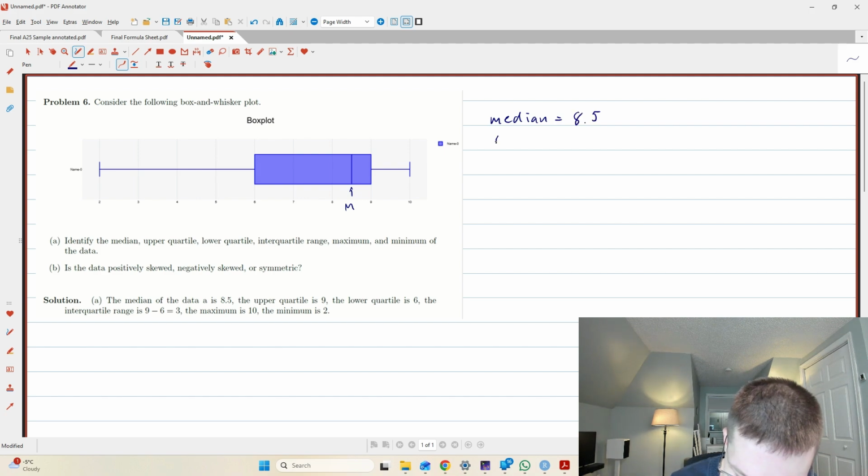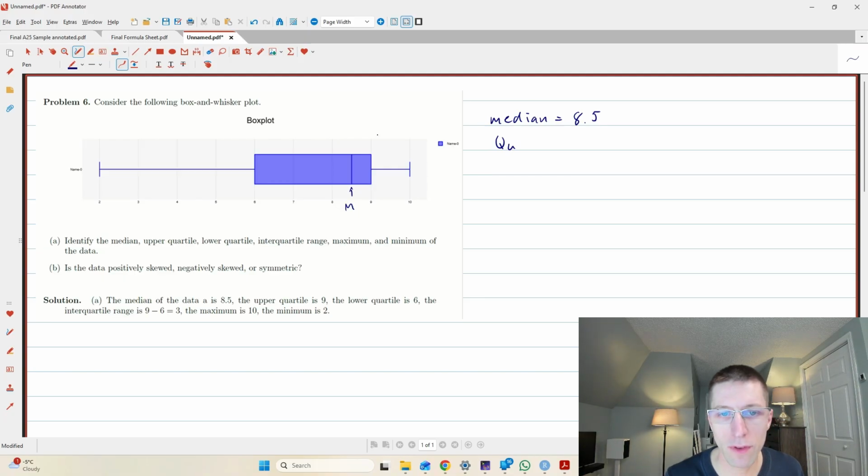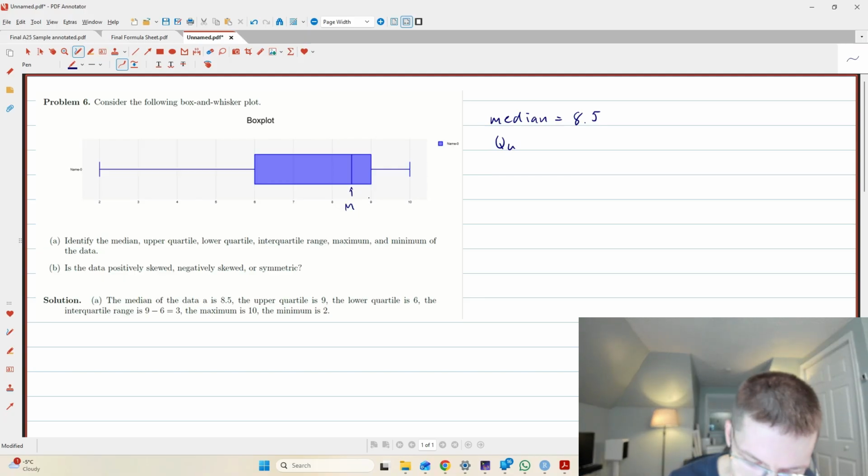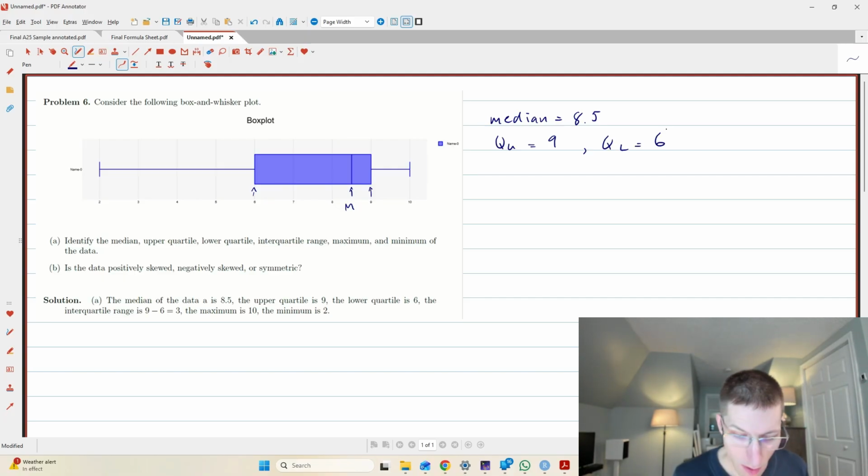The upper quartile is what's sometimes called the upper hinge. So the top part of the box where it ends is going to be 9. And then the lower quartile is the lower hinge, so that's going to be right there at 6. What else?